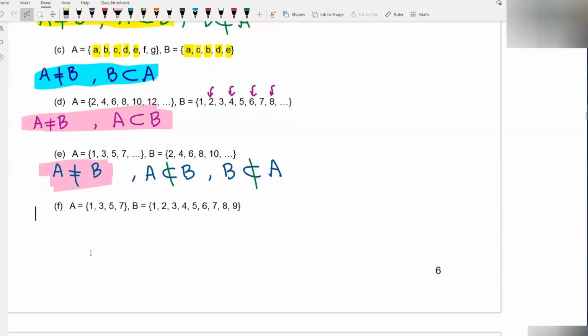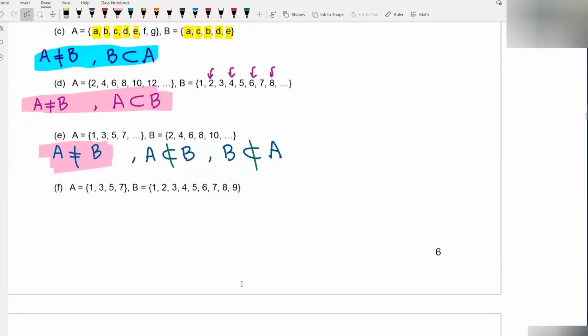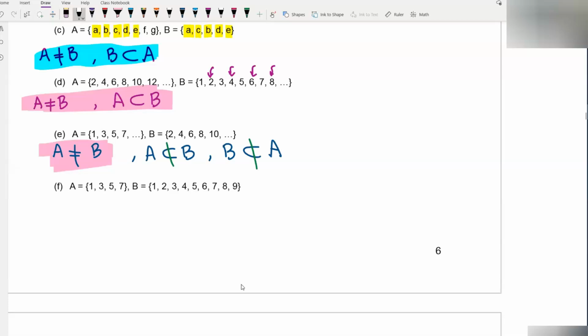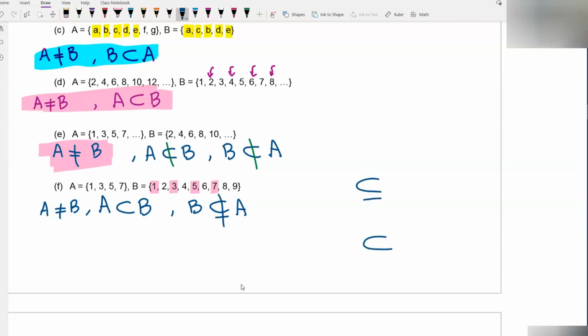Okay, part F. I may want to add one more here on this page. Here A is {1, 3, 5, 7}. So {1, 3, 5, 7} is not a subset of A. So again, this one is a subset, this is a proper subset.